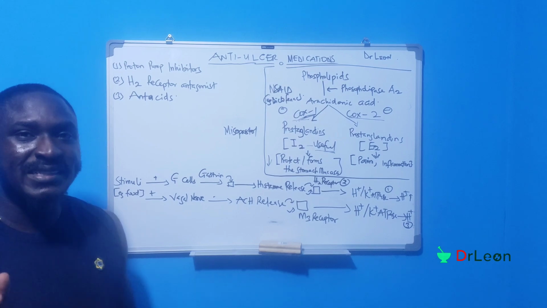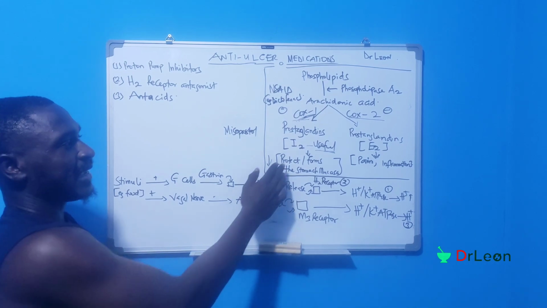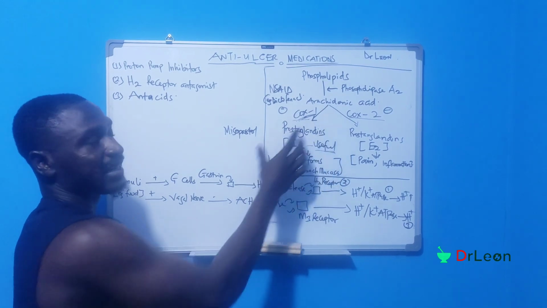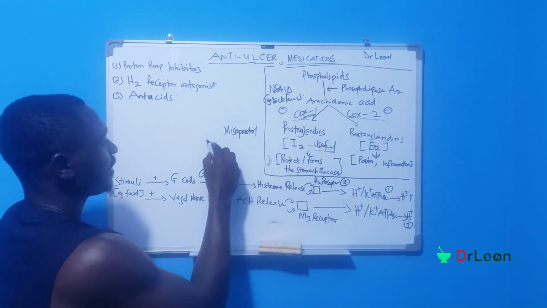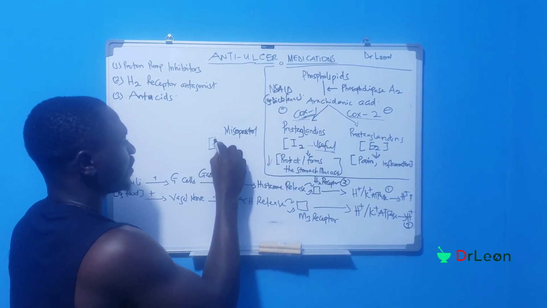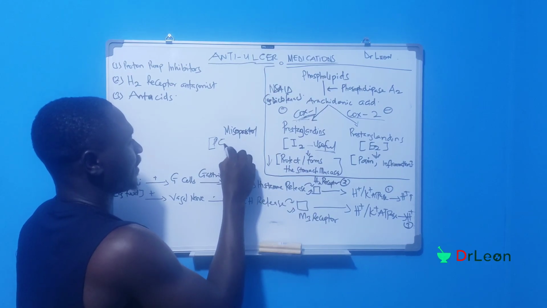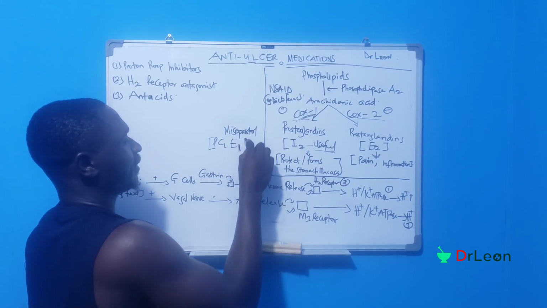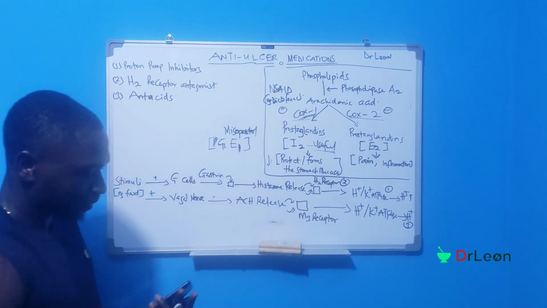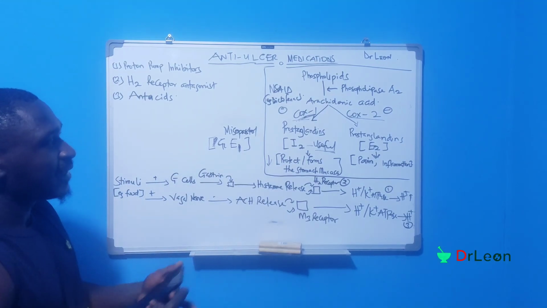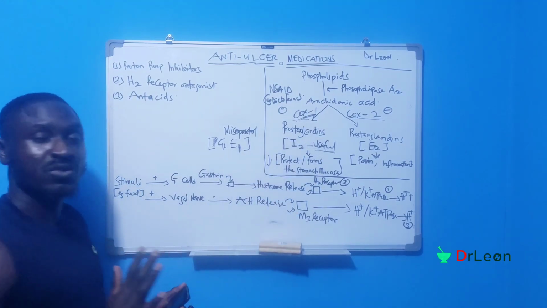We have made it in such a way to be like the useful prostaglandin that the body produces to protect the mucosa. But misoprostol is actually prostaglandin E1. It's a synthetic form of the prostaglandin. It works just like the useful one.